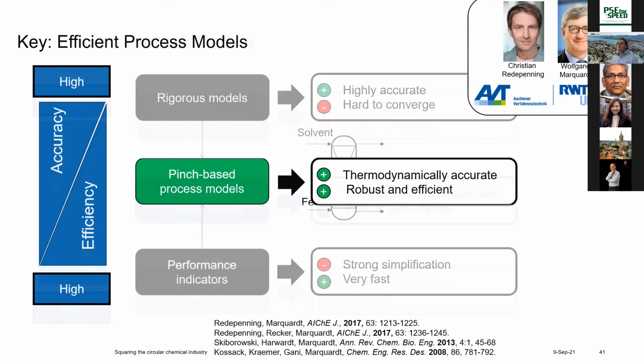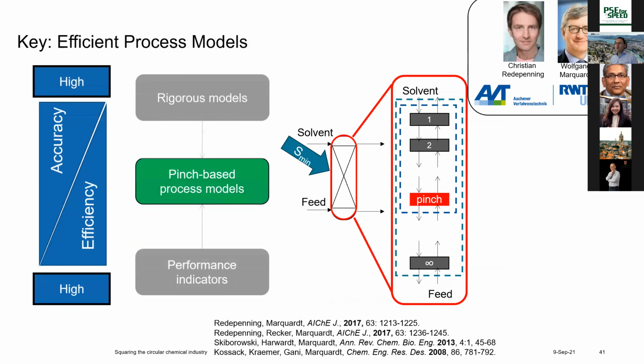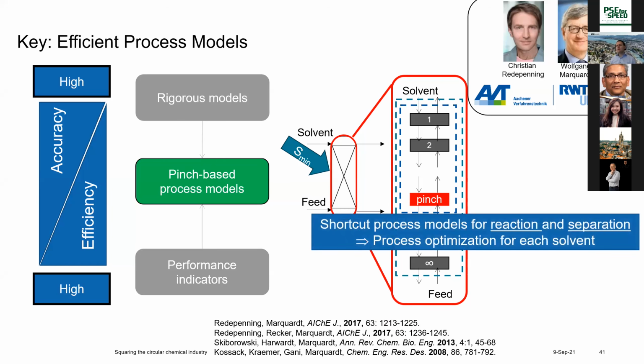Basically, we assume infinitely long columns. We find a so-called pinch where the driving force vanishes. And we just have to calculate basically then three stages of a column, and we get information like the minimum energy demand, the minimum solvent demands, and so forth. And the good thing about these models is they are very robust and they converge very efficiently, and their computational efficiency means we can employ them in a genetic optimization algorithm.